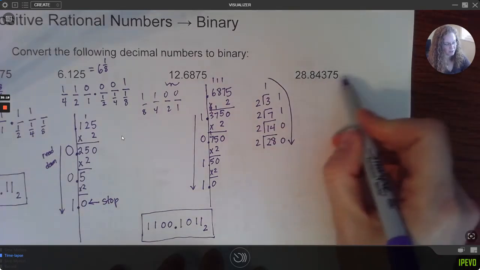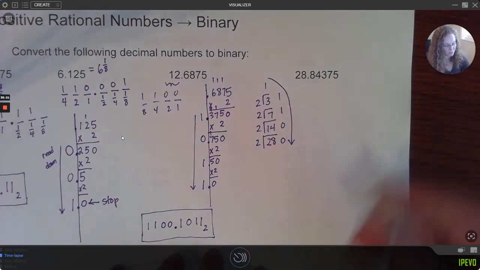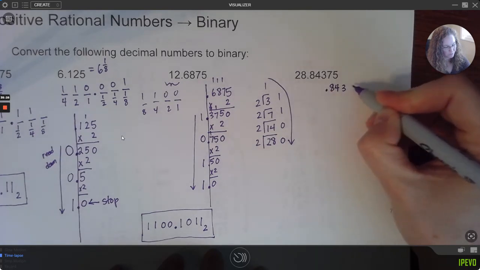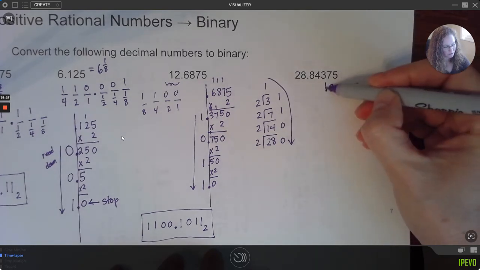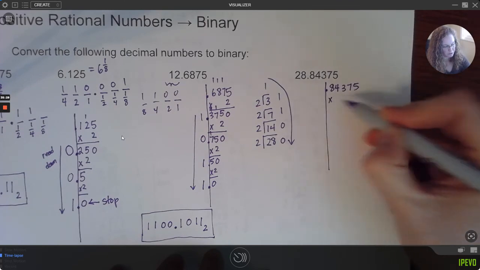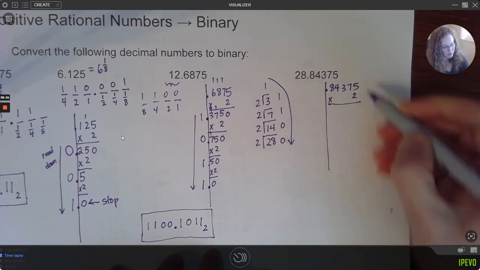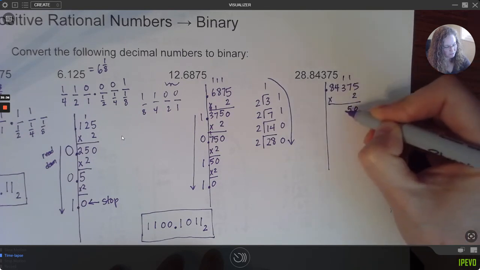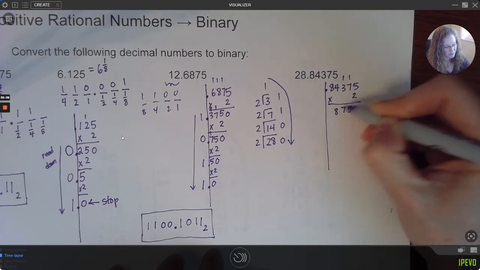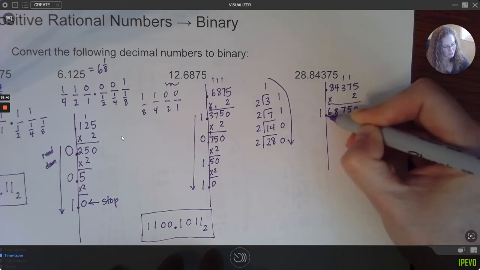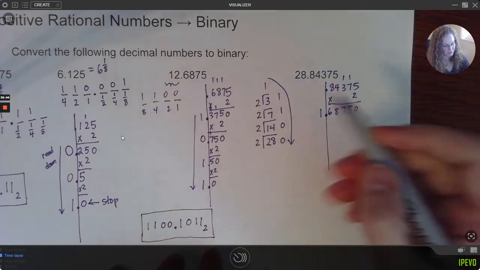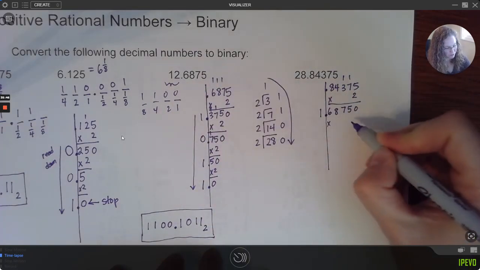All right, and then for the part that's less than 1, we're going to have to use our repeated multiplication. So when I multiply this by 2, I get 10, carry the 1, that's 15, carry the 1, that's 7, and 8, and then 16, so it's 1.6875. We've already seen the 6875, but we'll go through it again.